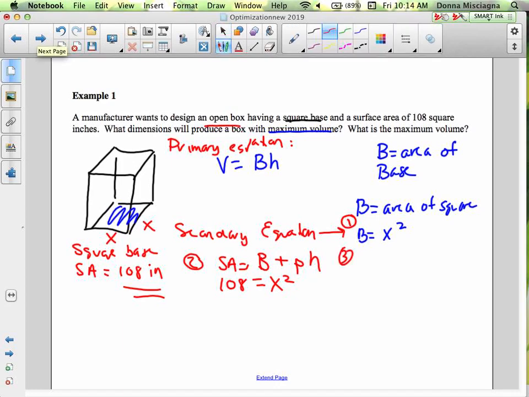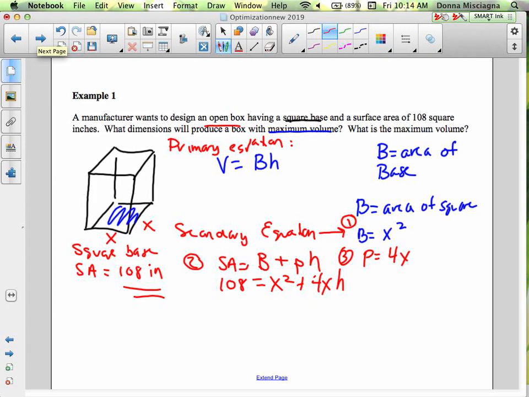You can see how you start pulling in other equations to help you out. You're like, okay, I can't have P in there. Oh, but wait, I know I can represent P. P is just 4x. So you're going to have to manipulate your equation a little bit. So we've got plus 4x, and then times height. There's nothing we can do about height, because we don't know the height. But now, look, we've got two variables.